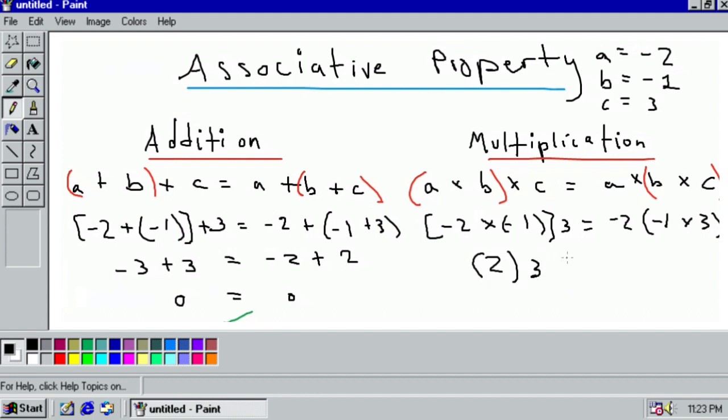On the other side, we have -2 on the outside, and -1 times 3 is -3, since they don't have the same sign. So 2 times 3 is 6, and -2 times -3, since both have the same sign, the answer will be positive, 2 times 3 is 6. So this is the same as +6. So this means this property works.